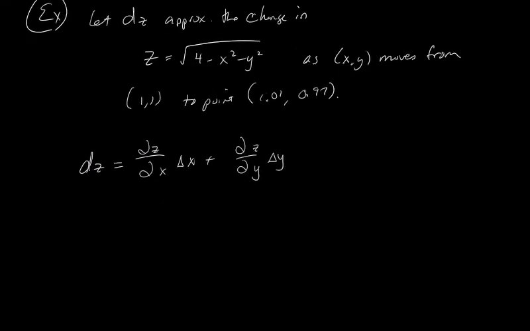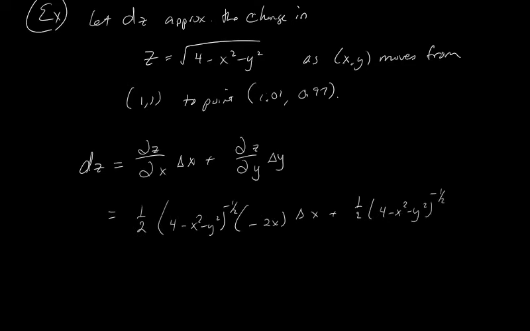Okay, so this is going to be equal to 1/2 times 4 minus x squared minus y squared to the negative 1/2 times negative 2x delta x plus 1/2 times 4 minus x squared minus y squared to the negative 1/2 times negative 2y delta y.